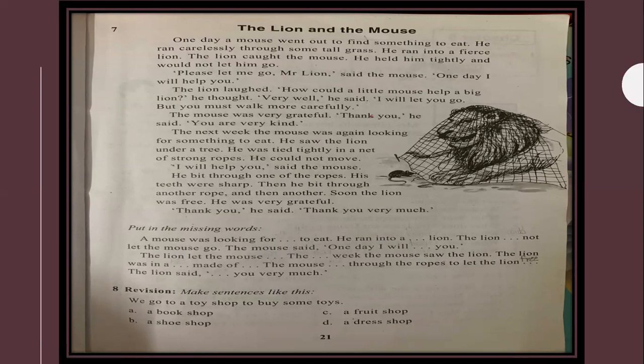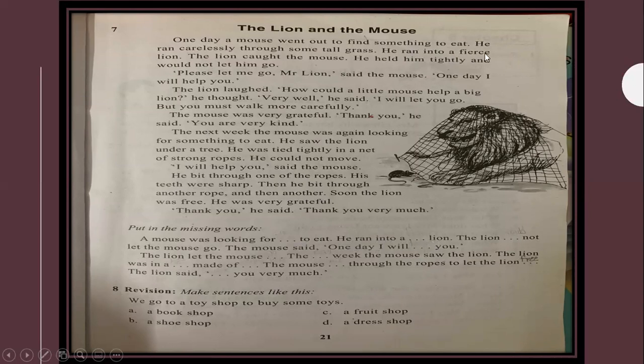Okay, let's read what they are asking. A mouse was looking for, what is missing here? Let's read here: to find something to eat. Looking for dash to eat. What? Something. This word something you have to write in this blank. He ran into a dash lion.